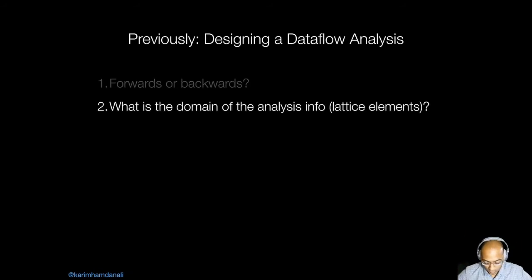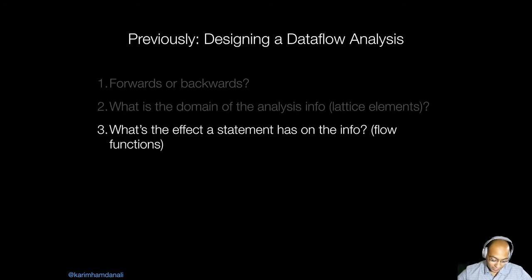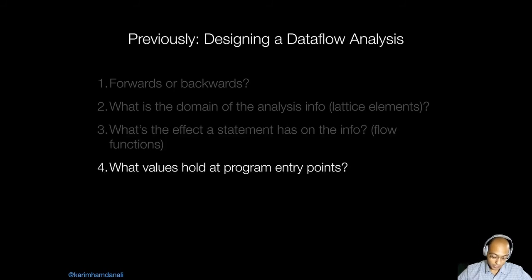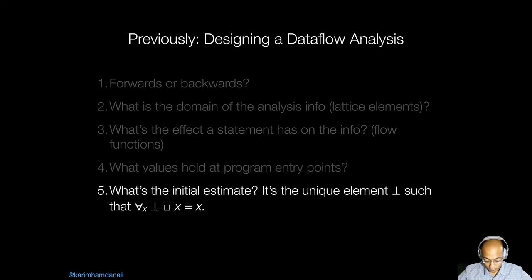The domain of the analysis, the lattice that we define. After that, we need to define the flow functions, the effect of the statements on the elements of this lattice, and the values that the program will hold at entry points, drawn from the lattice elements that we have defined.